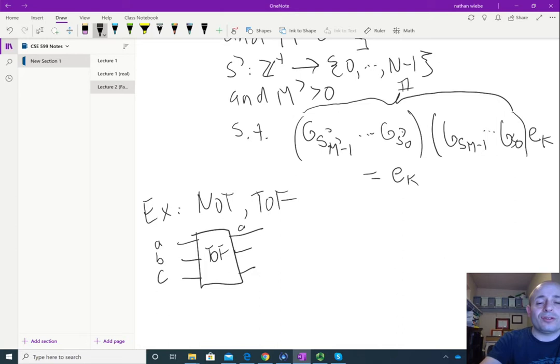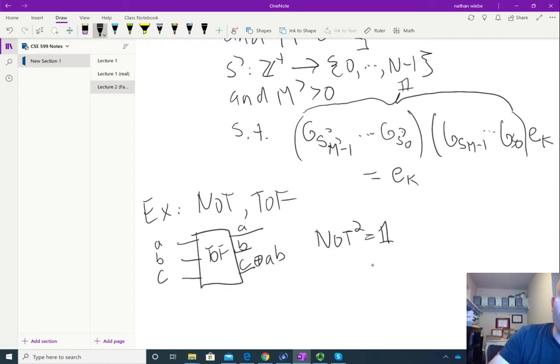What it does is the Toffoli gate doesn't do anything to the first two inputs, and the third input, it will exclusively OR with the AND of A and B. Okay, so that's again how the Toffoli gate works. Now, we showed last time that NOT squared is the identity gate. Similarly, we showed that the Toffoli squared is also equal to the identity gate. And so what this means is that both of these are invertible.